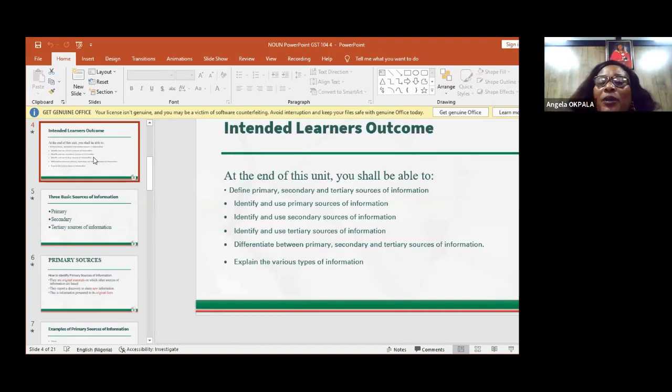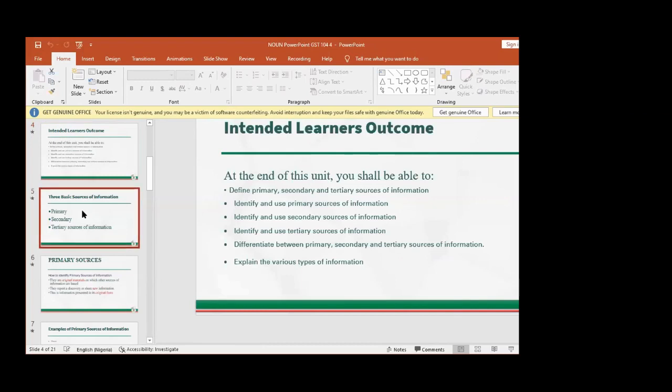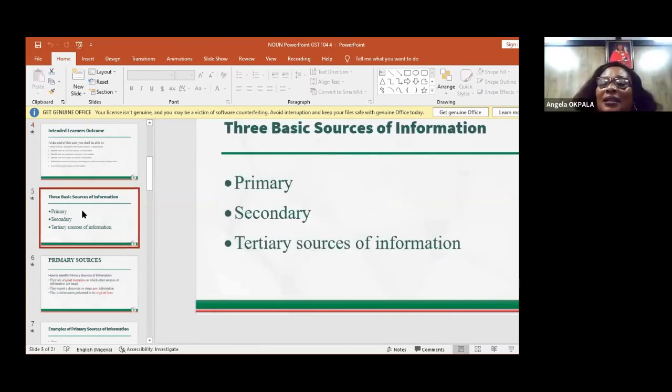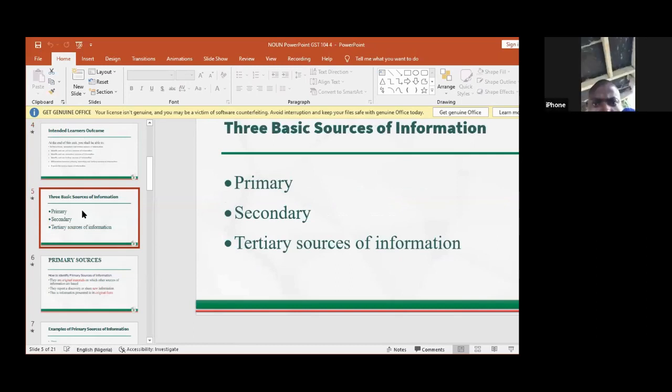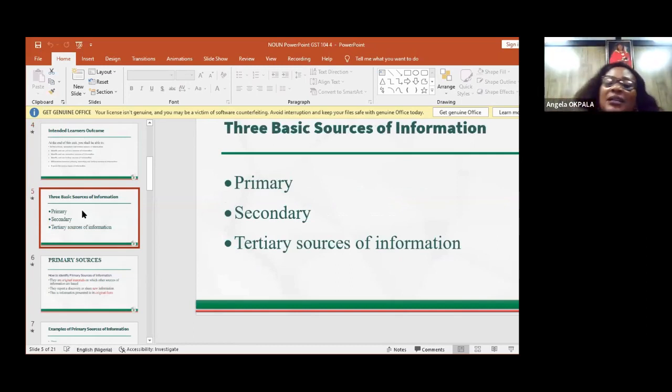So we are going to be looking at the three basic forms of information sources. We are moving very fast, so please. Now, the three basic forms of information sources are primary information sources, secondary information sources, tertiary sources of information. Primary, secondary, and tertiary sources of information.